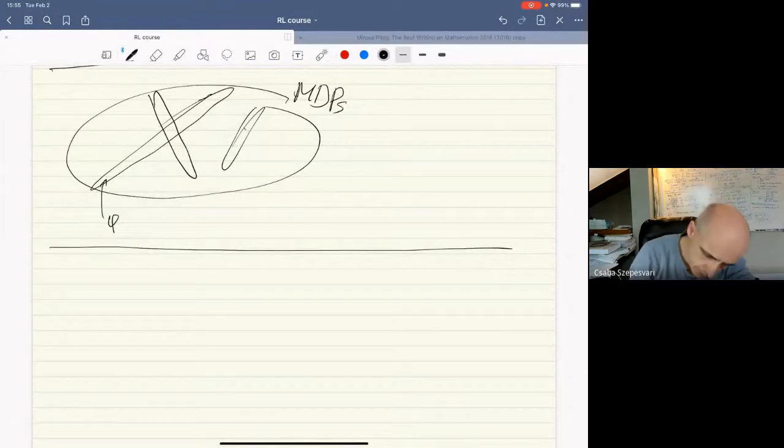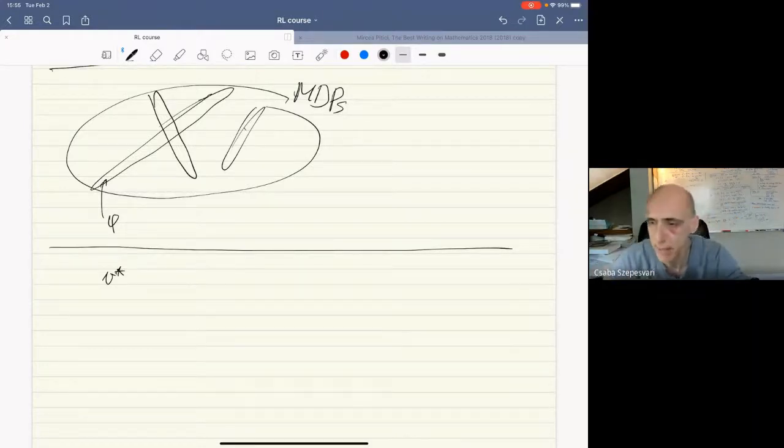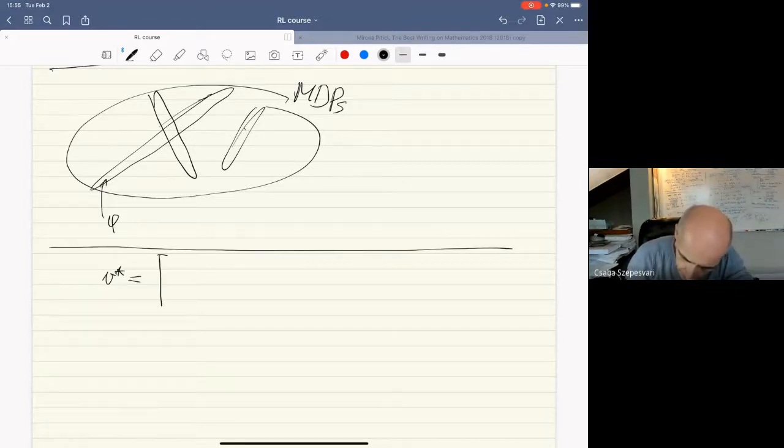So some notation. Very often I like to write V star as a function. It's also a big vector. It has as many elements as the number of states. And as such, you could list all the states, and if it's a linear combination of the features, then you can have this feature vector. The feature vector at a state would just collect these components of the basis functions, or d of them, and make it a column vector.